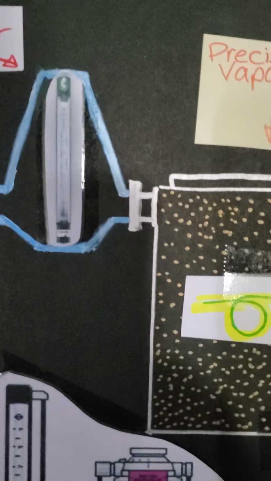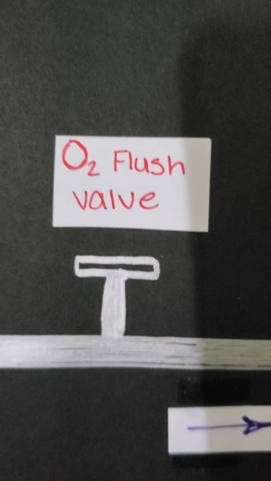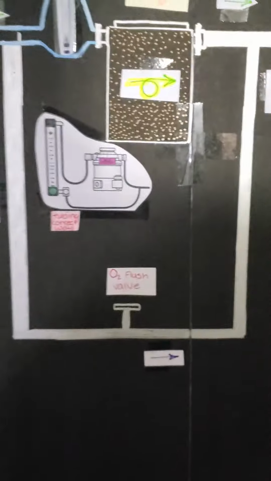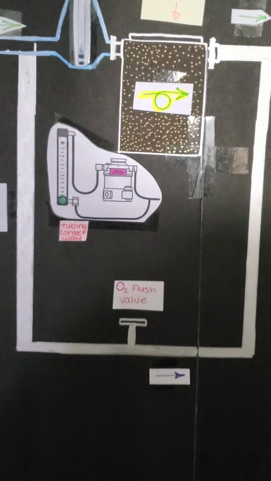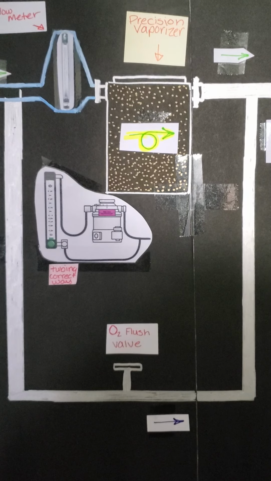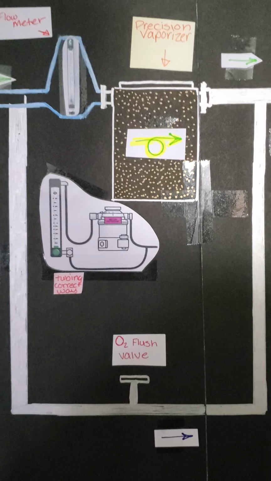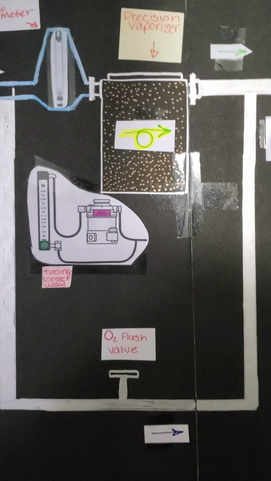And the oxygen can either go into the pressure vaporizer or it can go to the O2 flush valve. Now, if it goes to the O2 flush valve, be sure that your patient is not connected to the machine. They cannot be connected to the machine, otherwise their lungs will burst.